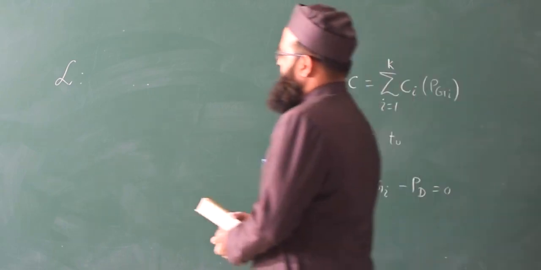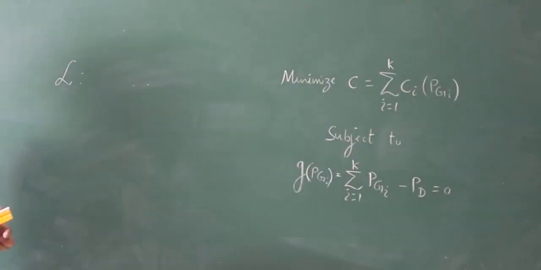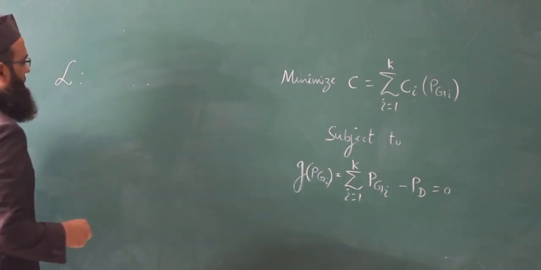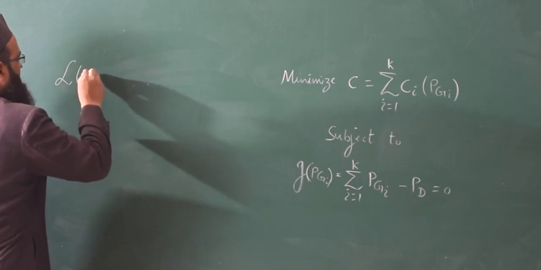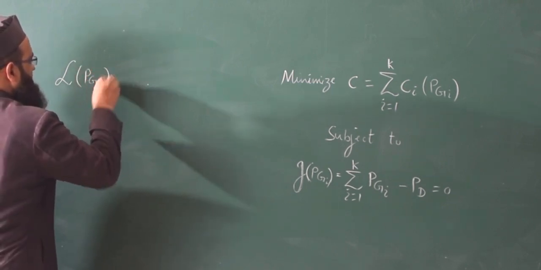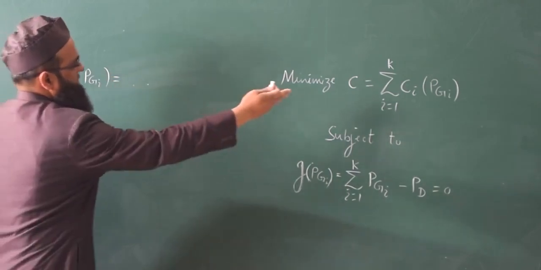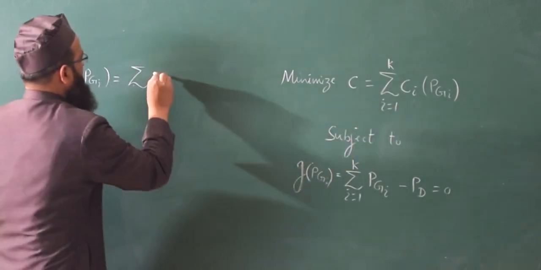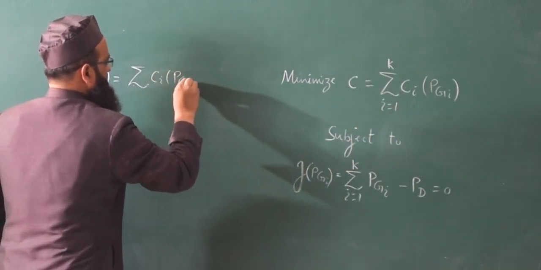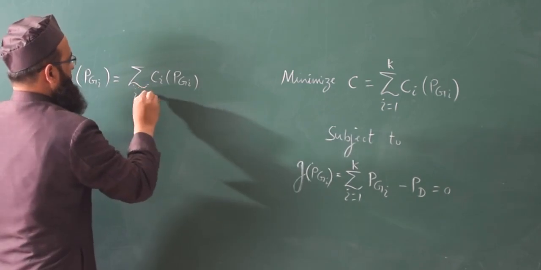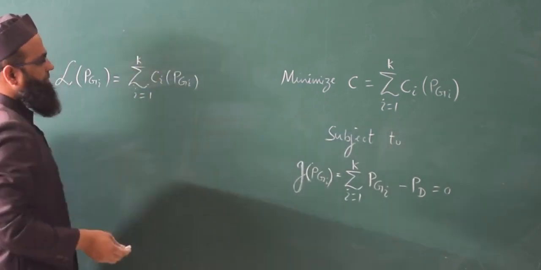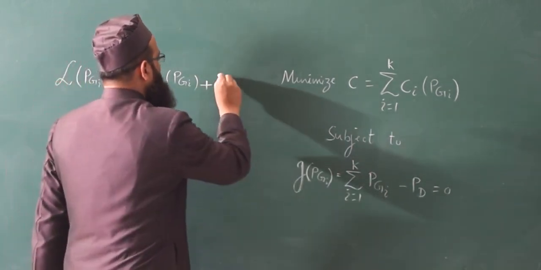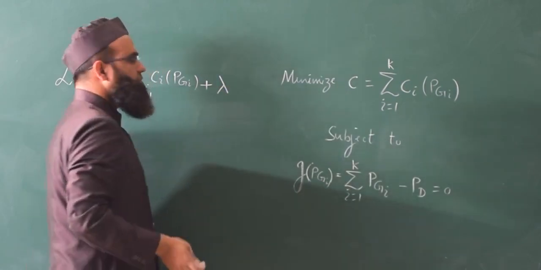So the first step for solving such type of problem using the Lagrange method is to make the Lagrange function. Say this is L. Obviously this will be a function of Pgi, equal to the same function, the sum of Ci of Pgi, i equal to 1 to k, plus or minus, just introduce one constant known as Lagrange multiplier.